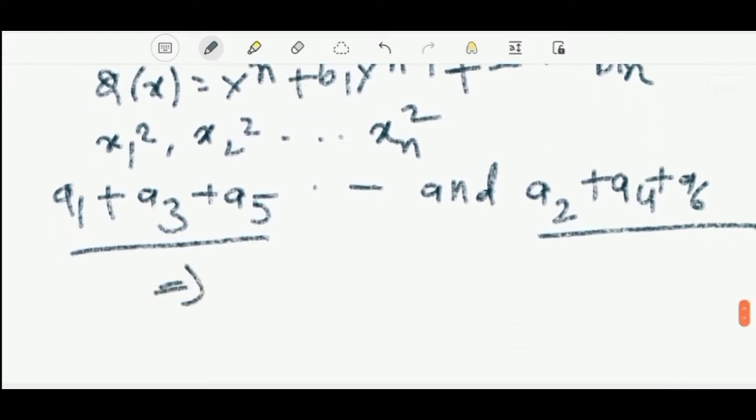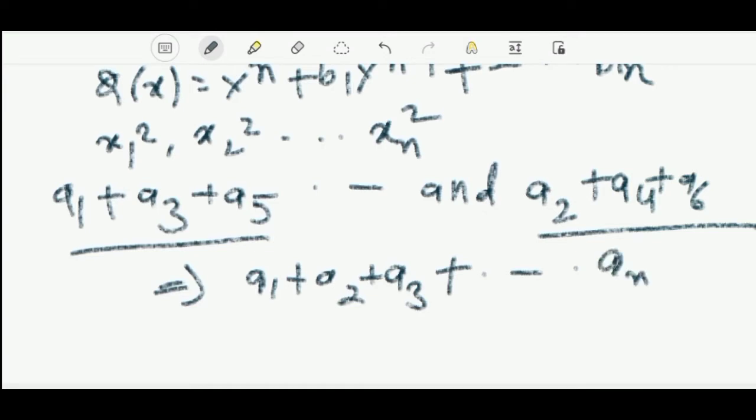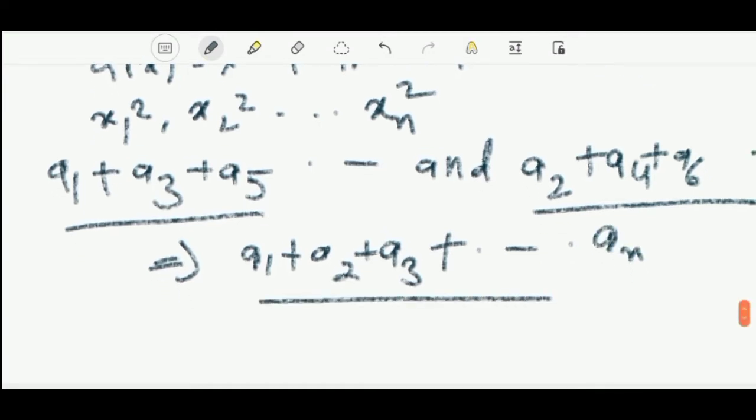We can simply say that a1 plus a2 plus a3 up to an also belongs to real numbers, and we're going to use this result to prove that b1 plus b2 to bn is also real.